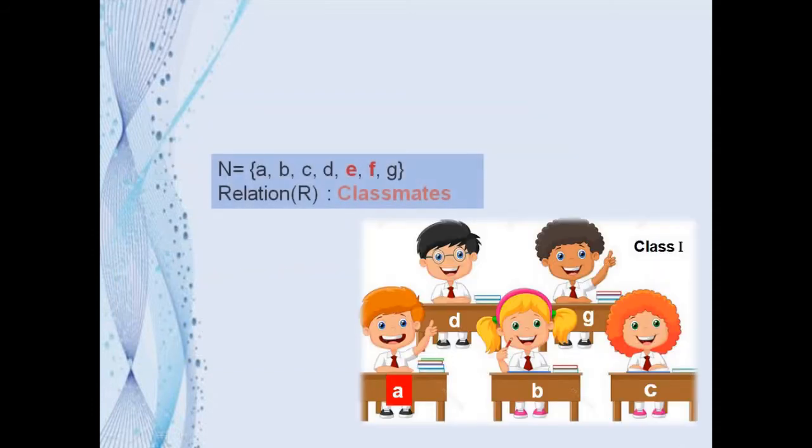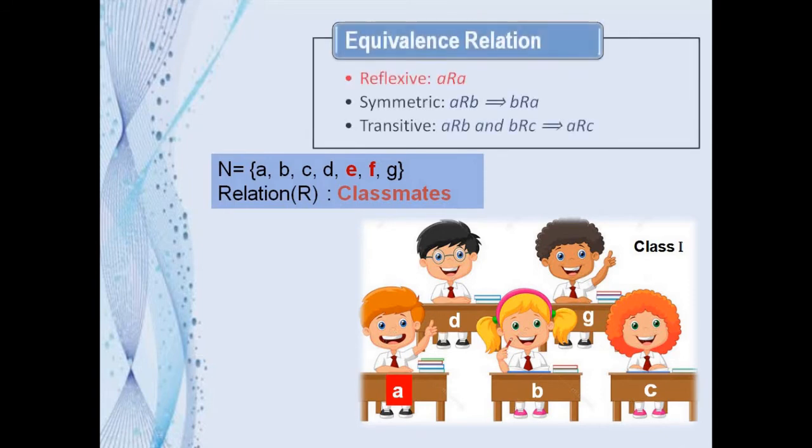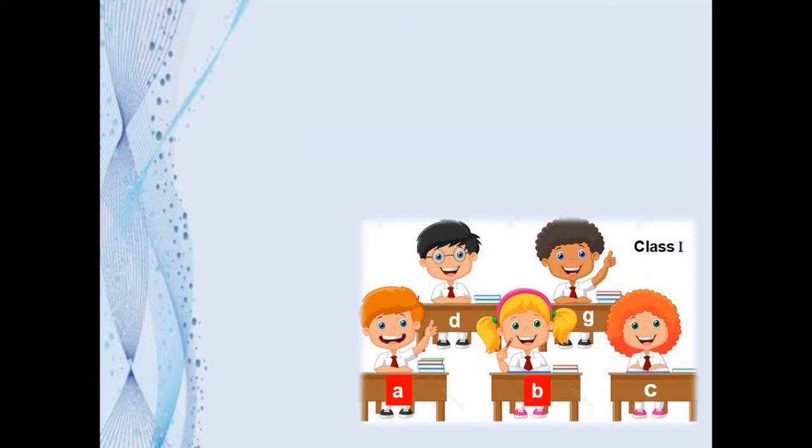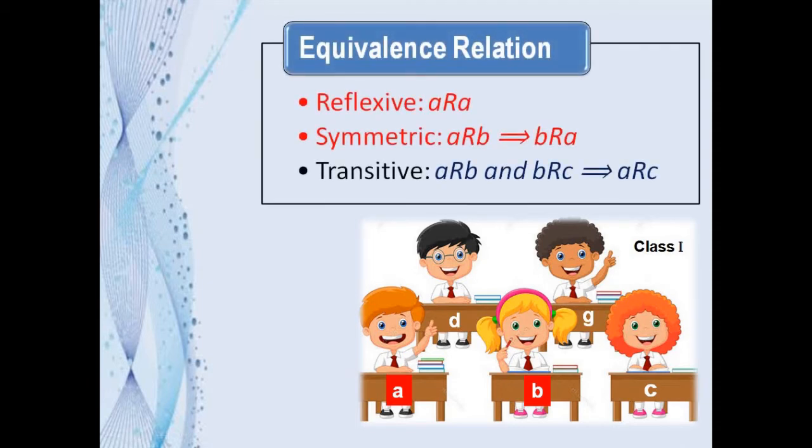Yes, clearly in this example the relation R is reflexive, since each student is a classmate of itself, that is, A is related to itself for all A in N. Next, we have to check that R is symmetric. If the student A is a classmate of B, then B is also a classmate of A. That is, A is related to B implies B is related to A. So, this is obviously symmetric.